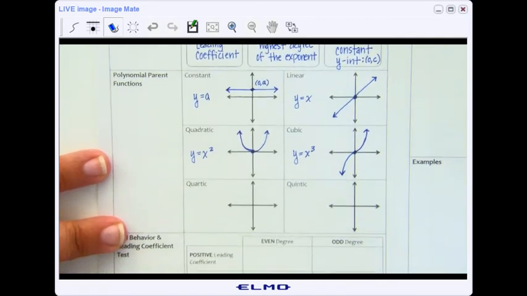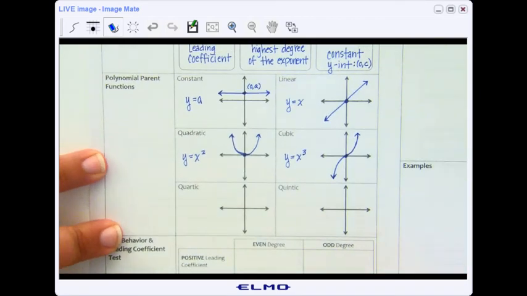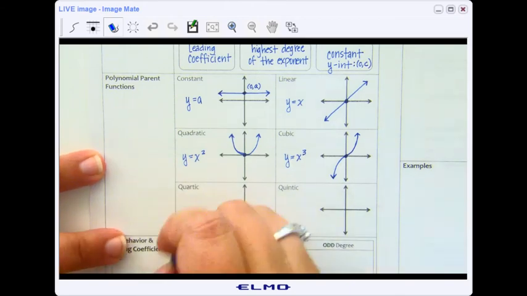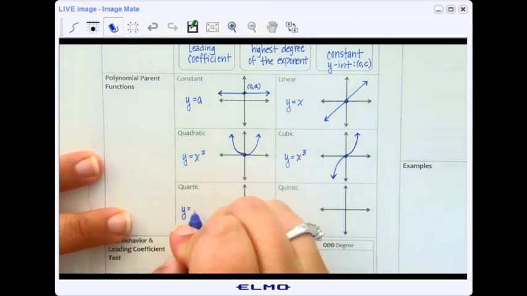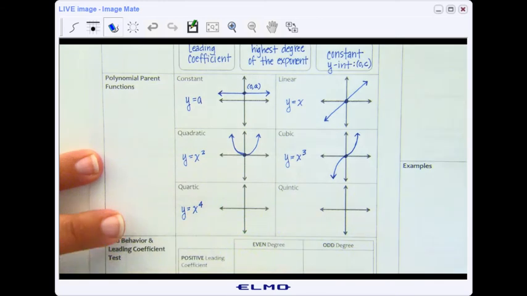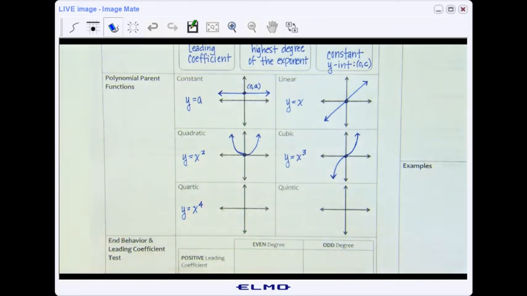A quartic and a quintic function come from the highest degree of the leading coefficient, or the leading term.